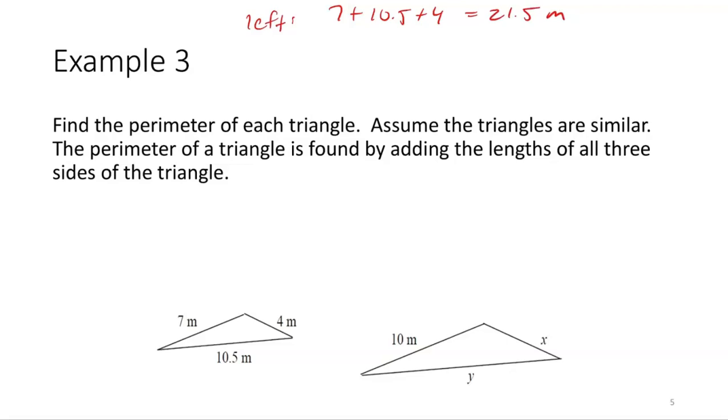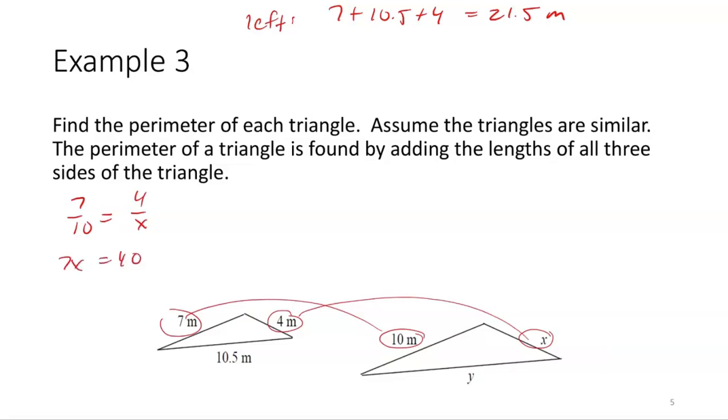What we do know is that 7 goes with 10. So the 4 will go with the x. So we can say 7 over 10 is equal to 4 over x. So 7x is equal to 40, and x would be 40 over 7.